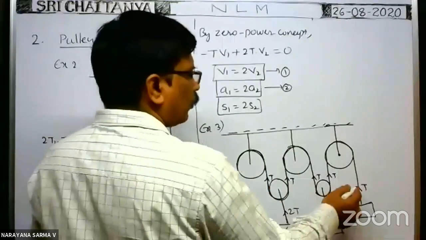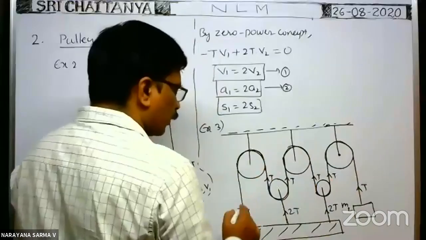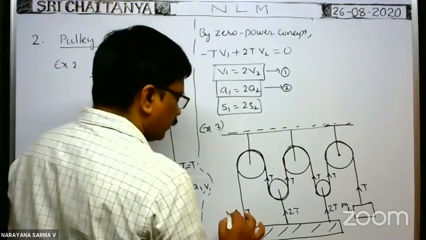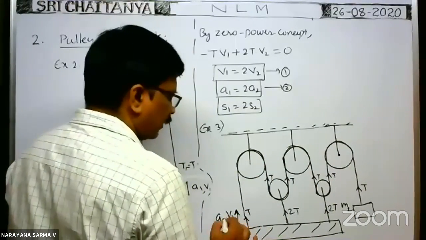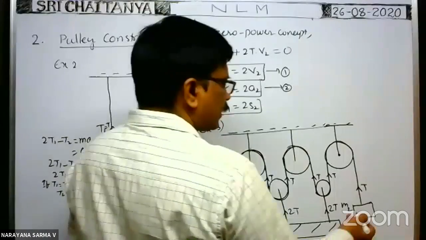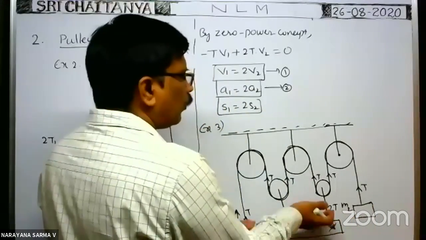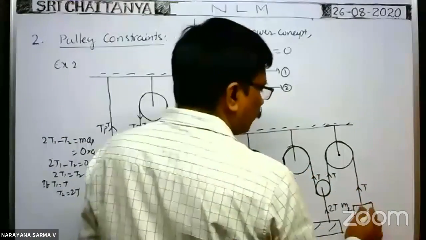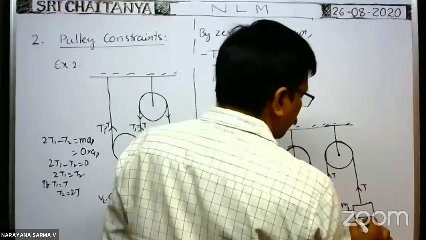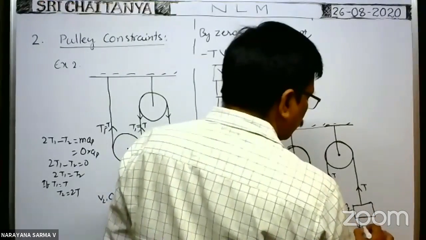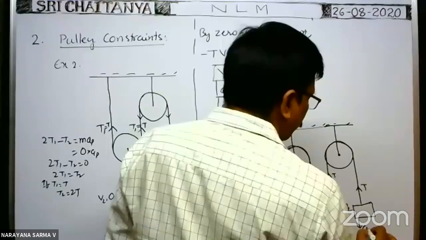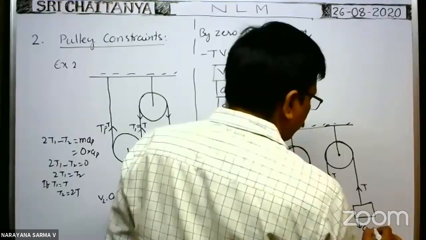Here only T. As this tension is more, suppose this plank moves upwards with a velocity V1, acceleration A1 at a certain instant. At the same time, whenever this plank moves upwards, this block comes down with acceleration A2 and velocity V2.